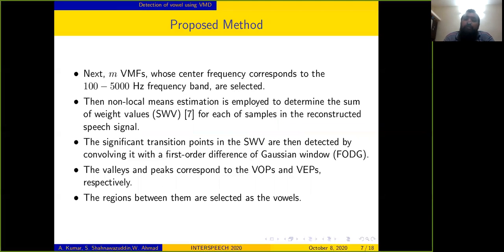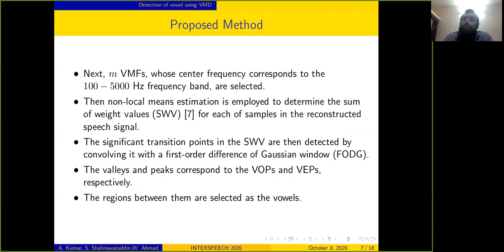The VMFs whose center frequencies correspond to the 100 to 5,000 hertz frequency band are selected. Then non-local means estimation is employed to determine the sum of weight values for each sample in the reconstructed speech signal.